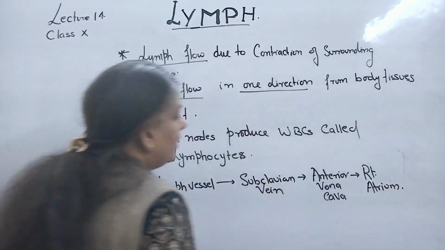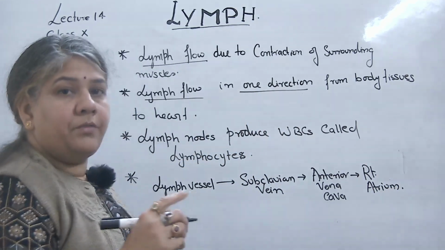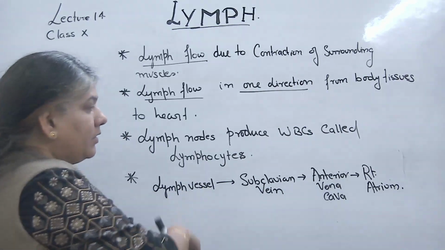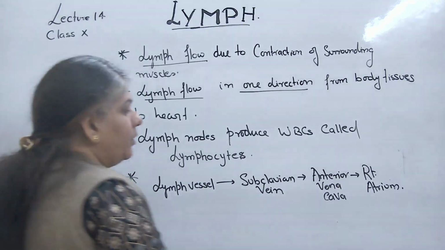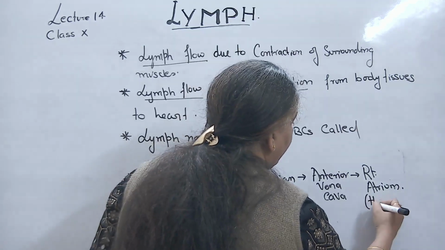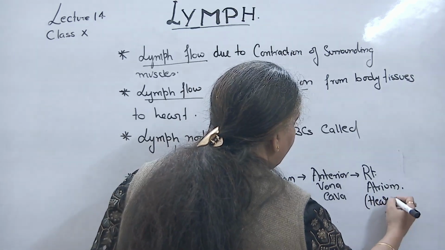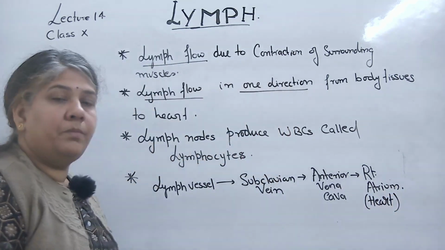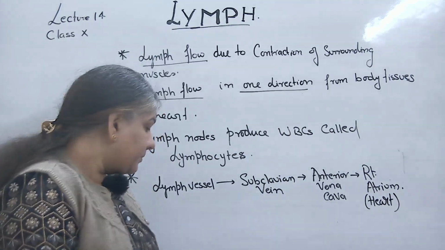So lymph which is coming from the lymph vessel has finally entered into the heart. Now it is mixed with the blood and it is the part of the blood circulatory system.